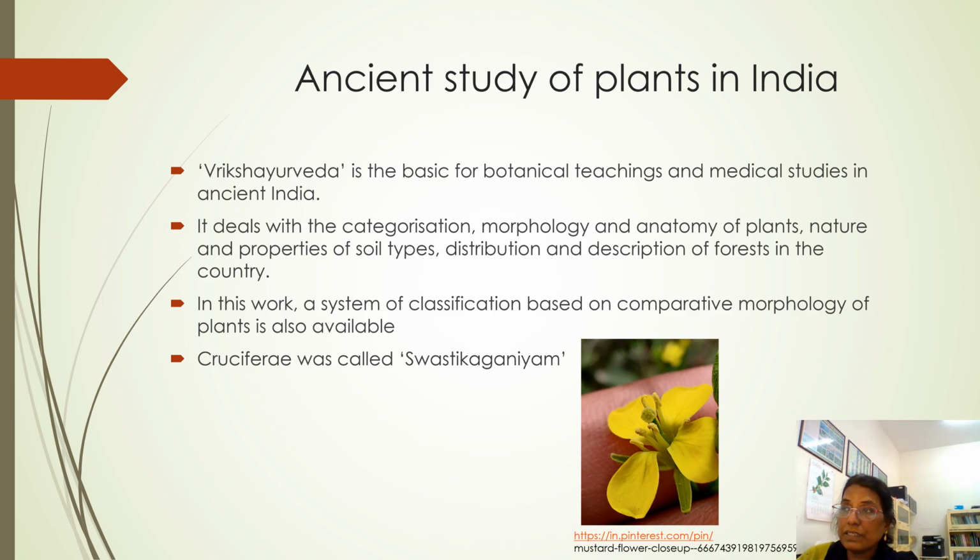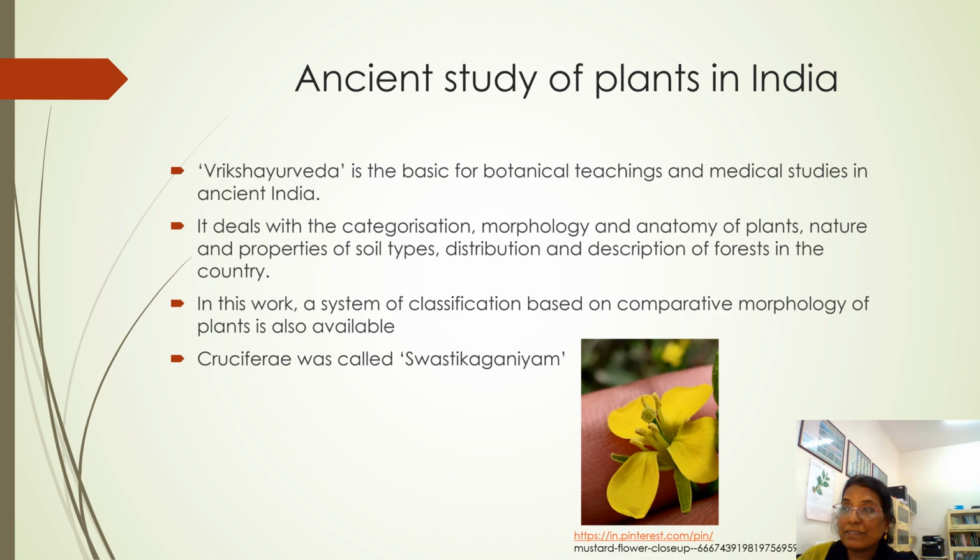The early treatises on botany, like Ayurveda, with works such as Charak Samhita and Sushrut Samhita, were primarily utilitarian. One of the earliest works dealing with plant life in a scientific manner is Vriksha Ayurveda, compiled by Parashara. This formed the basis of botanical teaching and medical studies in ancient India.